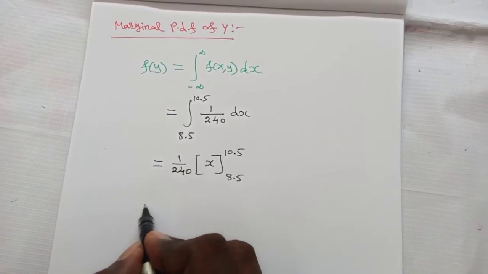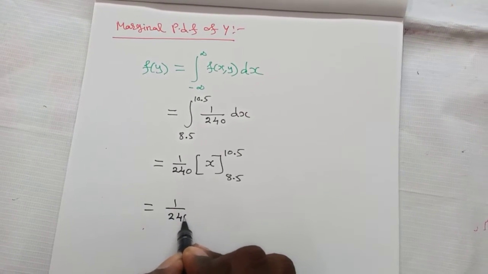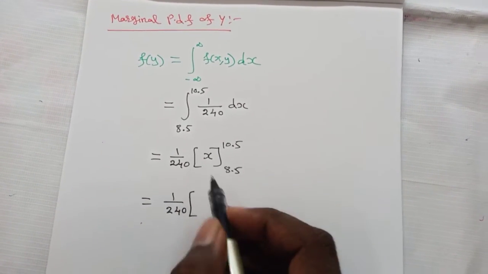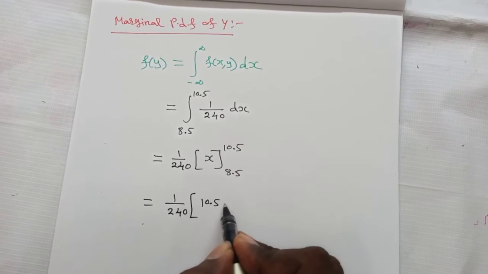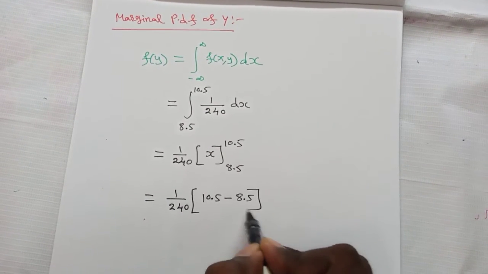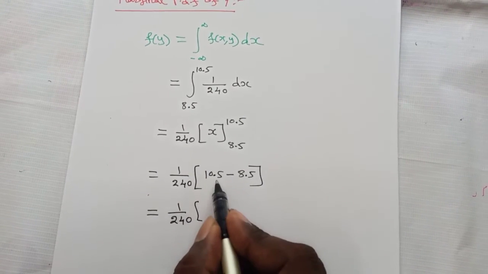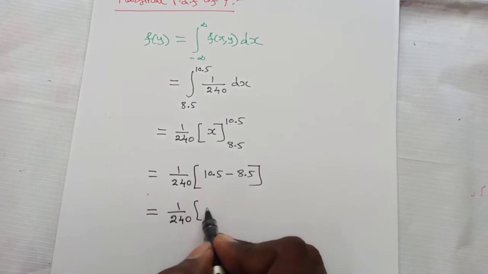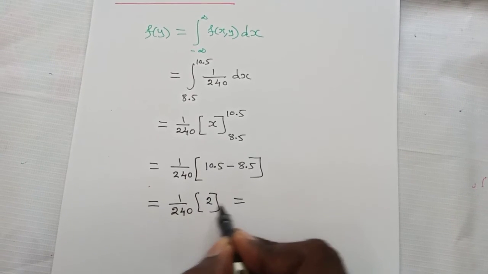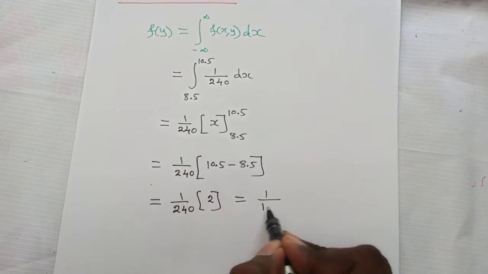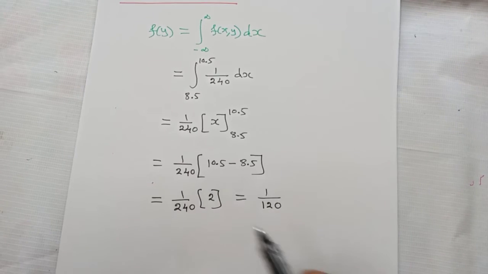So 1 by 240 into, substituting the upper limit, 10.5 minus 8.5, which is 2. So cancel this, 1 by 120. So this is f of y.